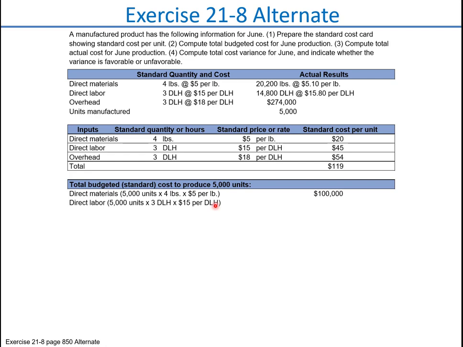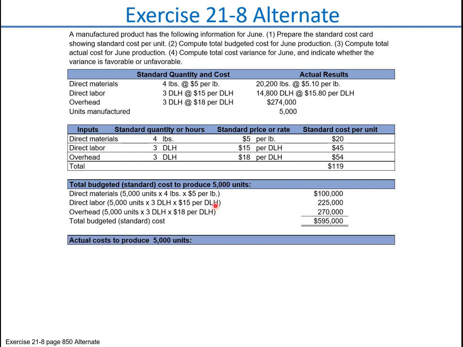Labor, actual units times 3 direct labor hours times 15. So they should have spent $225,000. Overhead, they should have spent $270. To make 5,000 units, it should cost them $595,000.